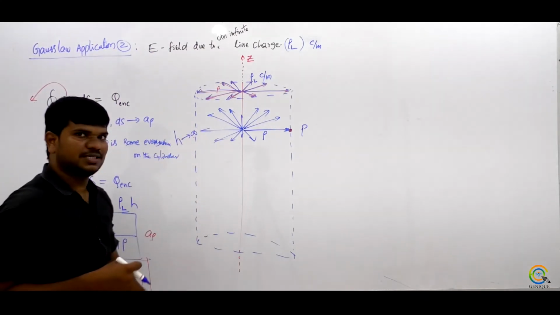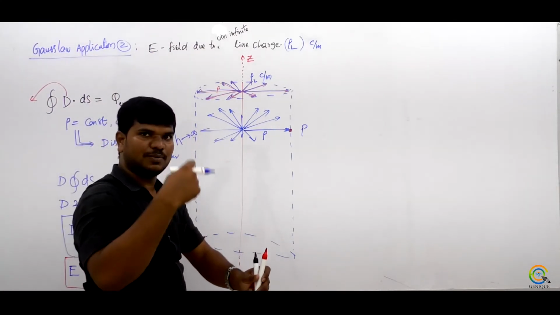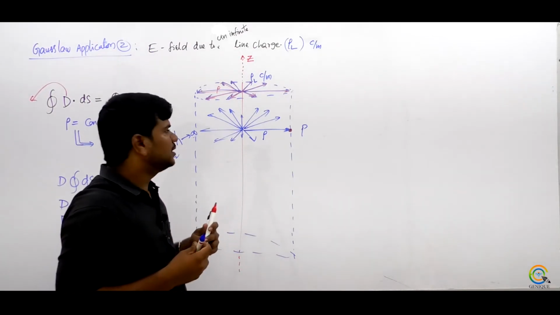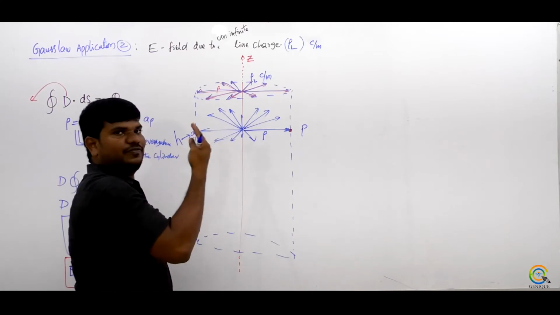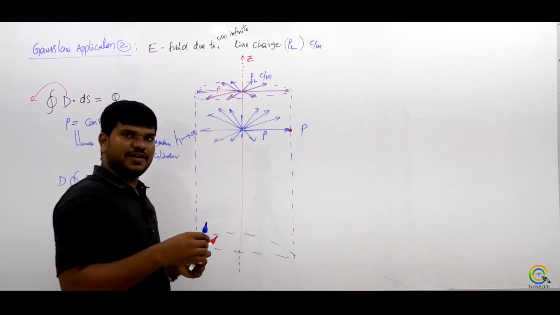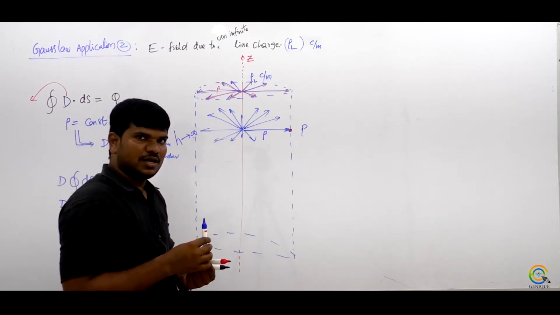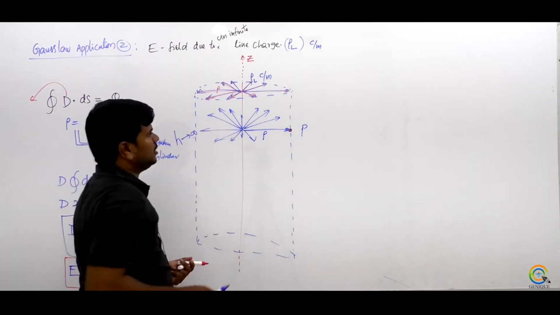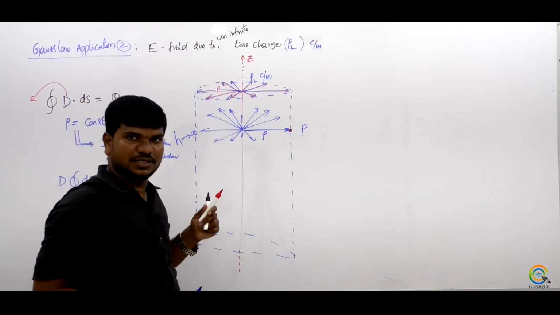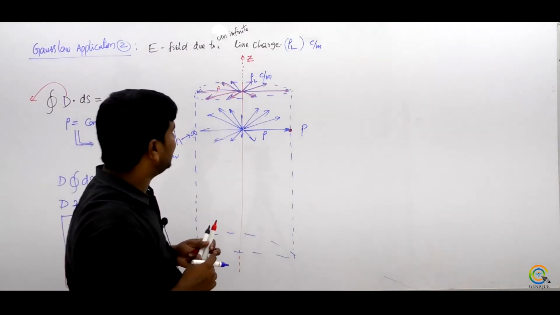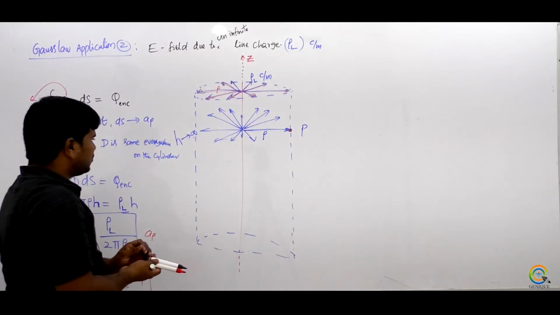It is like a brush for washing water bottles. In between there will be a reference axis, and the field looks like the brush which is used for washing bottles.